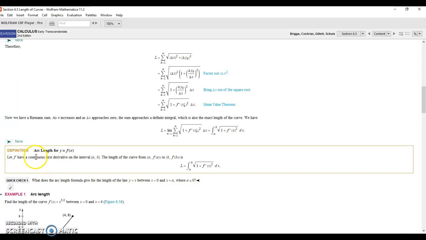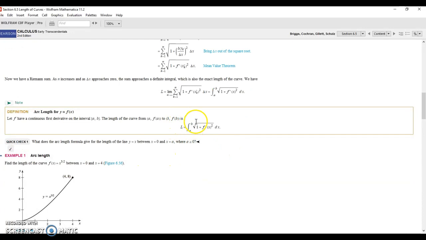This works as long as f has a continuous first derivative on the interval. We need that because that turns out to be in the formula. And then the length of our curve from A to B, you just integrate from A to B, the square root of 1 plus f prime of x squared dx. That is a pretty straightforward formula to find arc length.